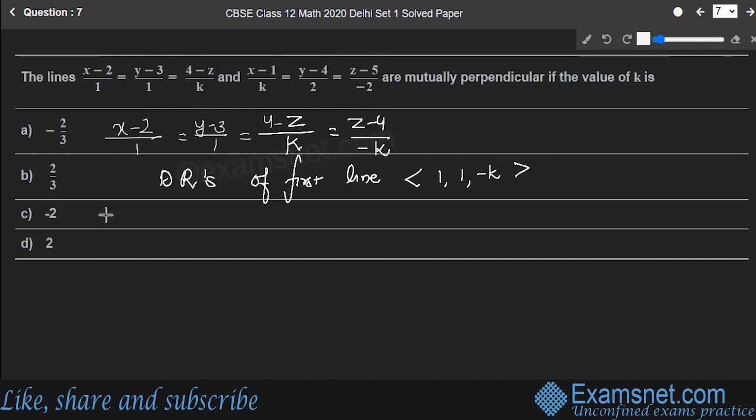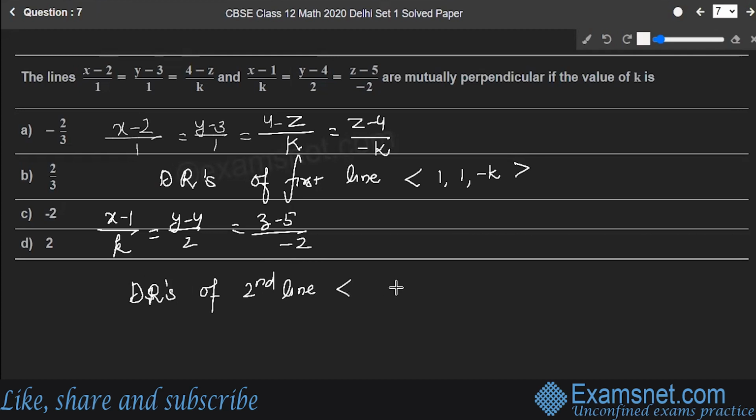And the second line is given by x minus 1 upon k, y minus 4 upon 2, z minus 5 upon minus 2. So here the direction ratios of the second line are given by k, 2 and minus 2.